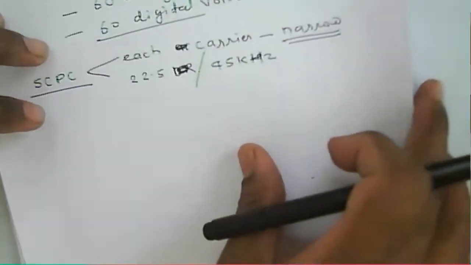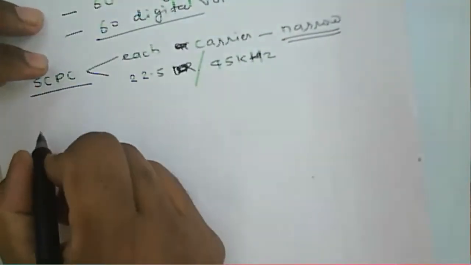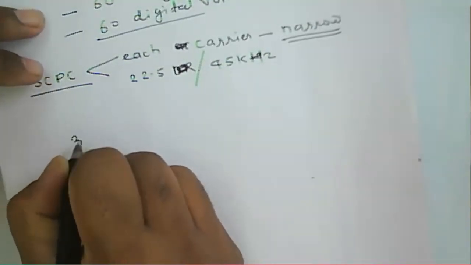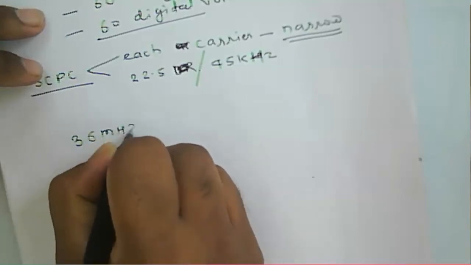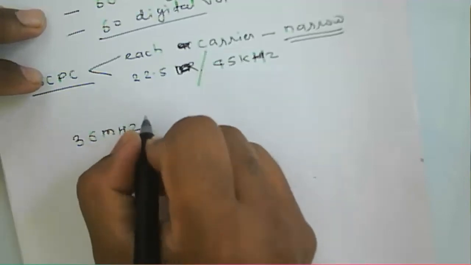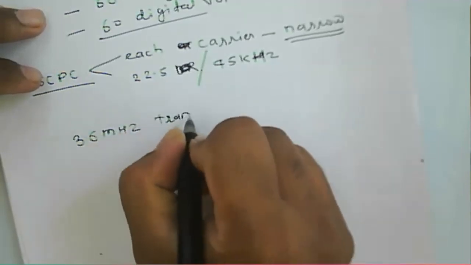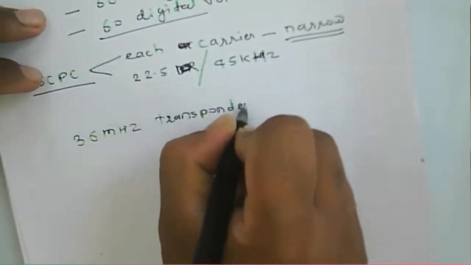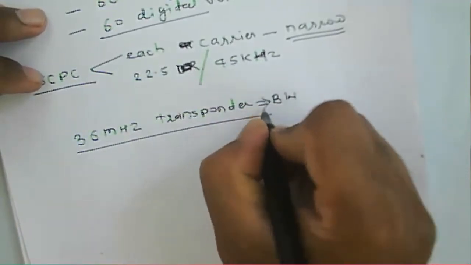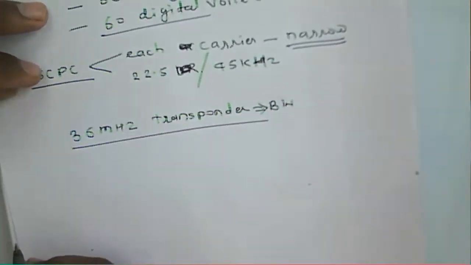Suppose we consider a transponder system from the bandwidth point of view, a 36 megahertz transponder. That is the transponder bandwidth, 36 megahertz.